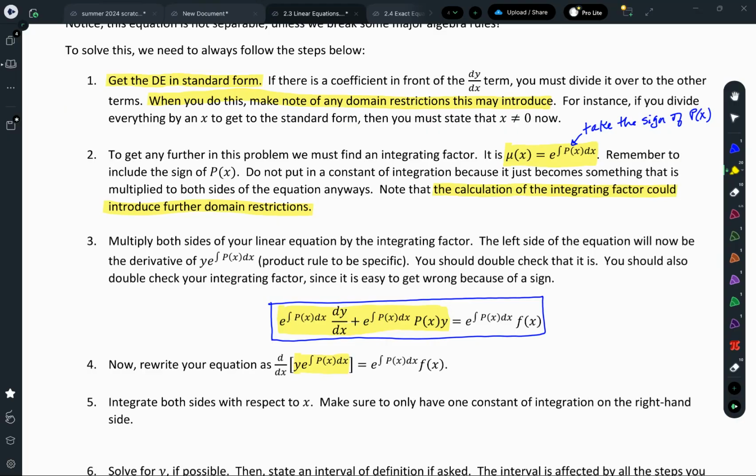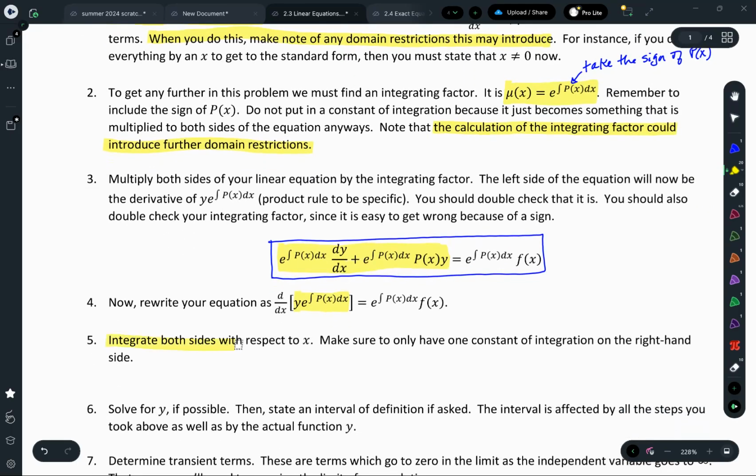When we do that, we want to make sure to have only one constant of integration on the right-hand side. So we'll integrate with respect to x and only have one constant of integration when we're done.